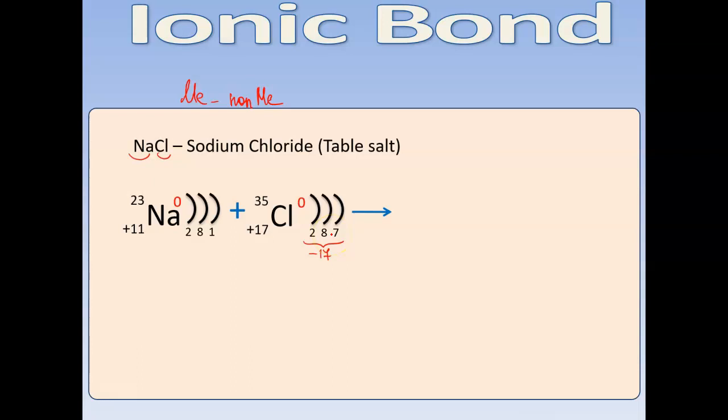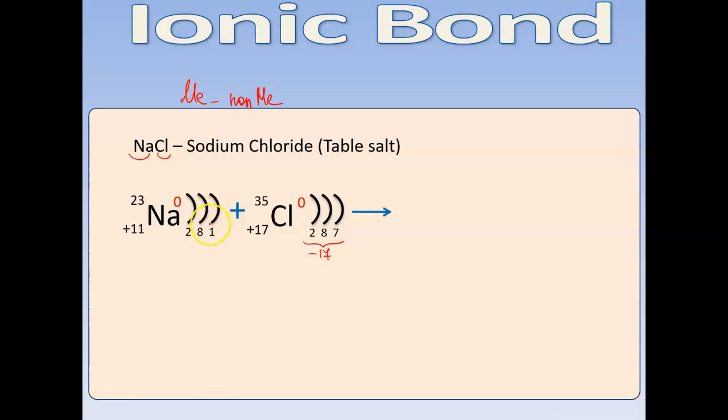What is the way to become stable for sodium? There are two ways: sodium can gain 7 more electrons, or it can give away the one electron from its outer shell.